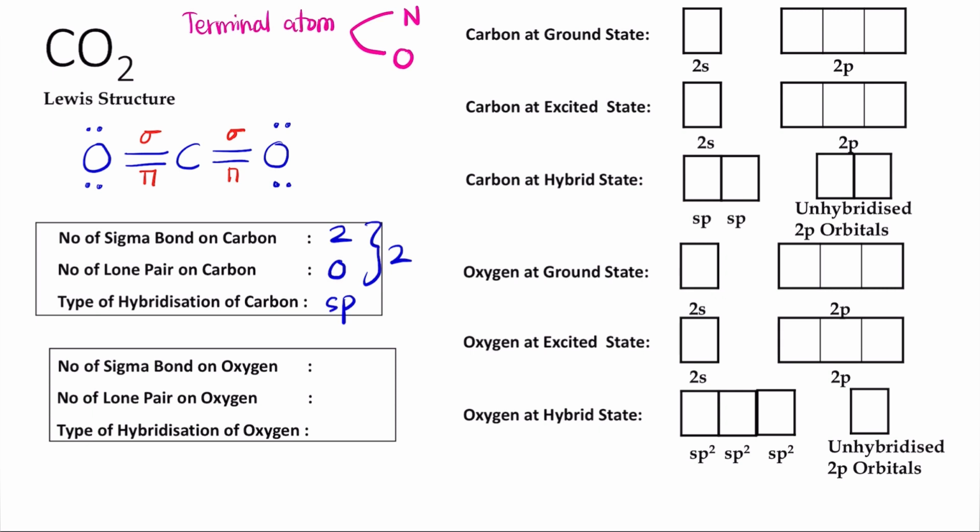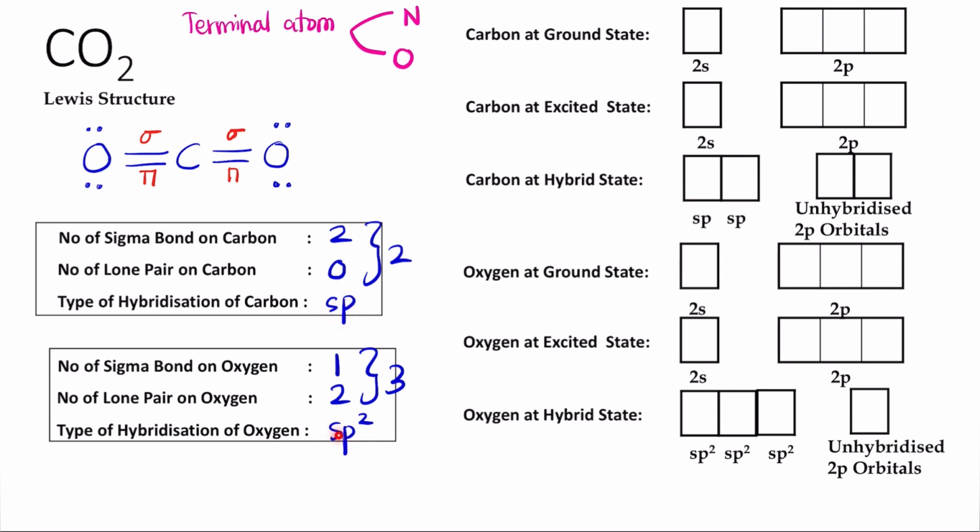That is why saya akan buat juga hybridization process untuk terminal atom saya, iaitu oksigen. So for oksigen, you can see that saya ada 1 sigma bond dan 2 lone pair. And then the total adalah 3. Apakah type of hybridization for oksigen? It is sp2. So, nampak dia berbeza kan? Untuk carbon sp, untuk oksigen sp2.